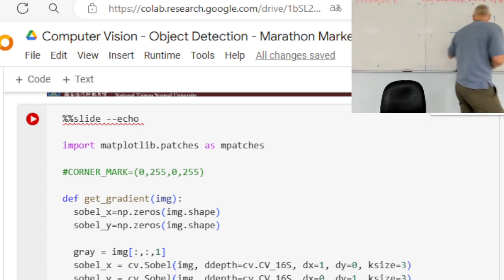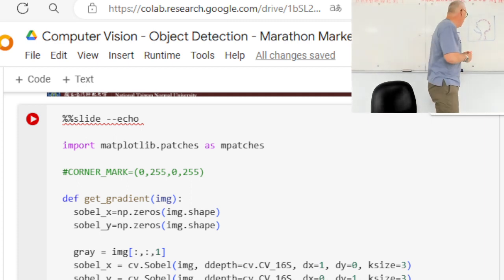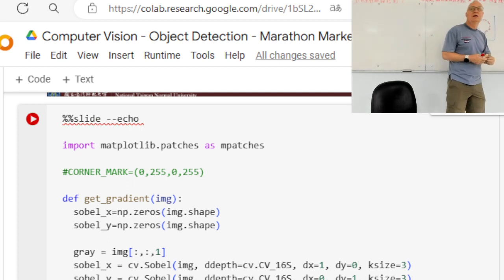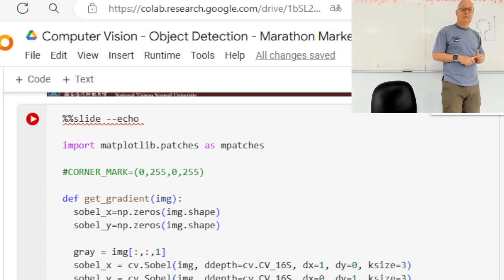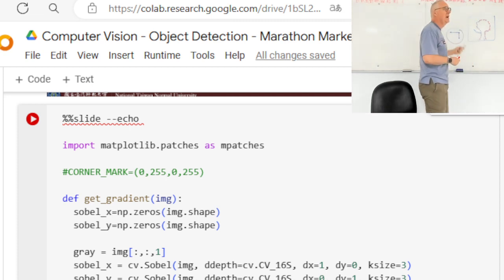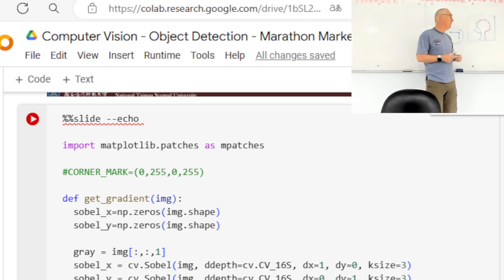Now, based on this information, what would be useful in this scenario in order to be able to detect my marathon markers or detect a tree or any other kind of shape? Well, if I have two vectors, what can I actually calculate? Angle, yeah, right?